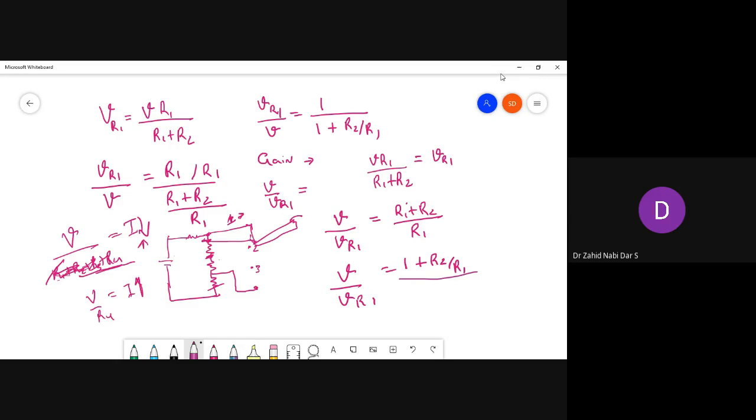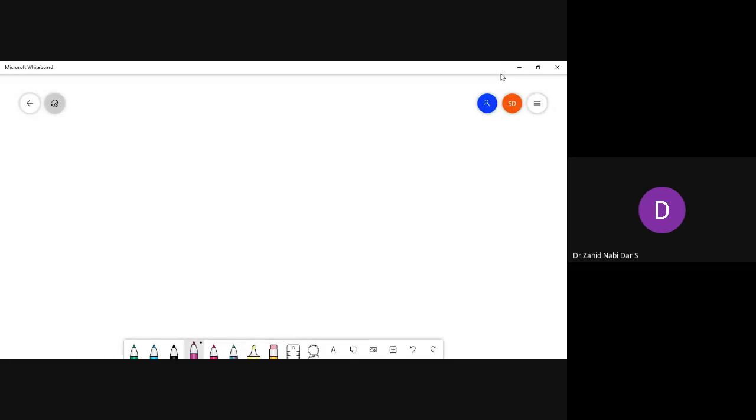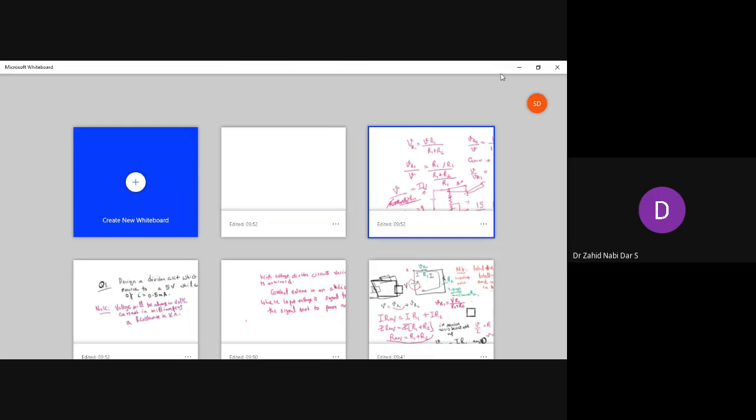From this equation, the upper is 15, the lower is 5. So from this equation, you can get a relationship between R2 and R1. So yeah, the problem I'll keep here. Where is the problem? Yeah, here it is.